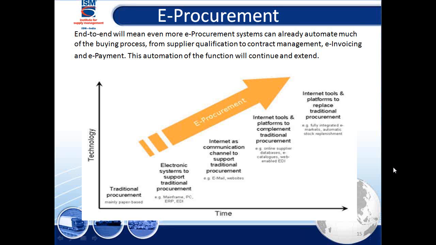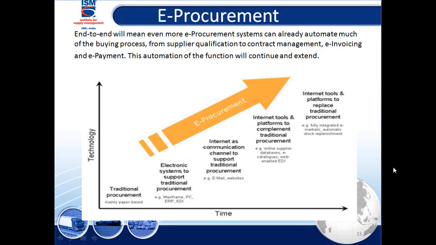So this concept was there, and that was very costly. Many companies were using it. They had their own virtual private network, and on the VPN they were using the EDI concepts of transferring the data. But those were very high cost. But the moment the internet came around in the 90s, the E-procurement terminology was coined.